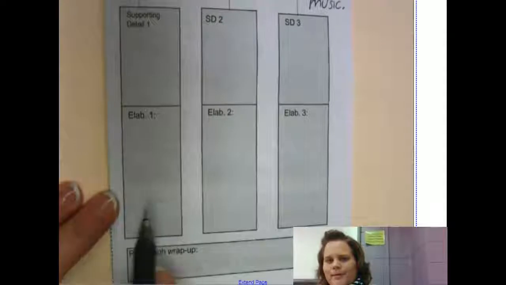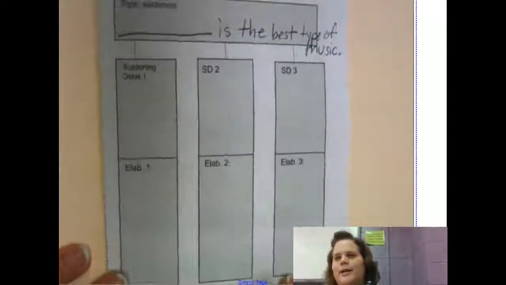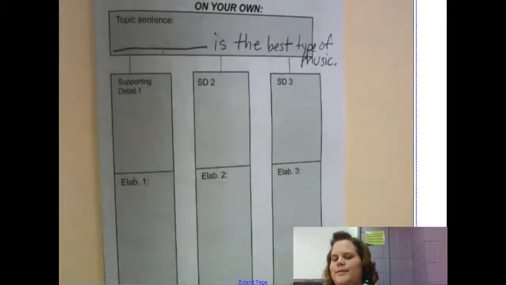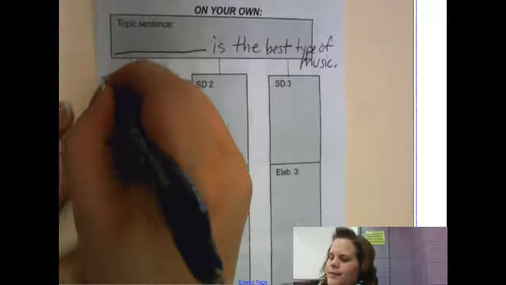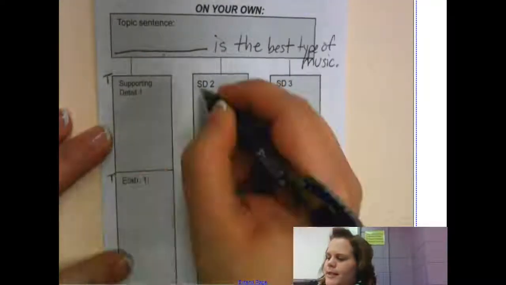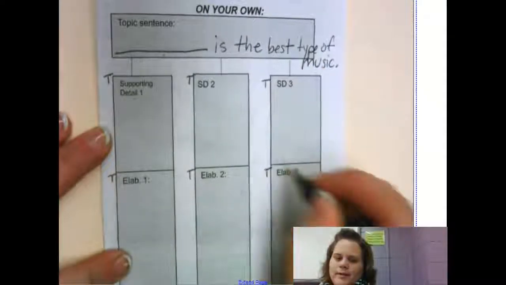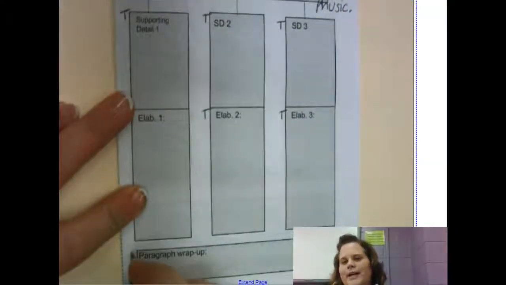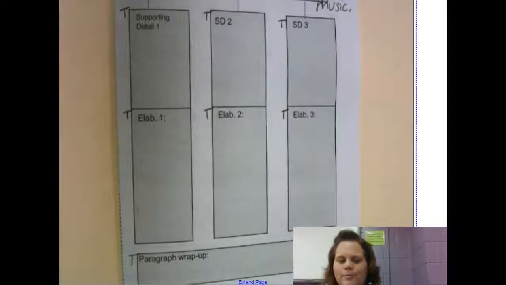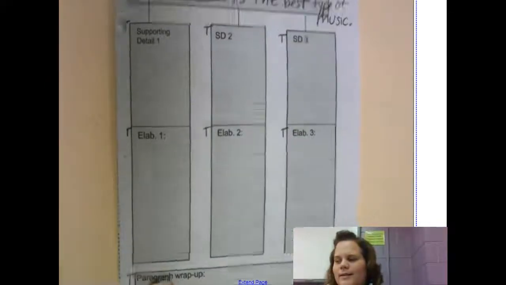You don't have to write every single word on your flea map, but you should have enough to where it could transform into something. Every time you switch boxes, you need some sort of transition. So I'm going to put a little T to remind you. Your giant list of transitions would be really helpful to use on this.